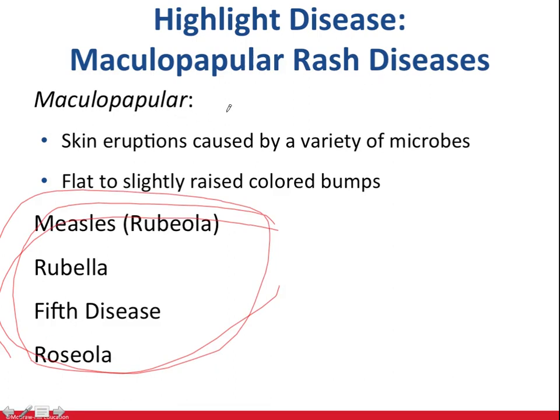Based on different morphology of the rash, we can classify those diseases. The first is the maculopapular rash, which is flat or slightly raised colored bumps. Measles, rubella, fifth disease, and roseola can cause this type of rash.